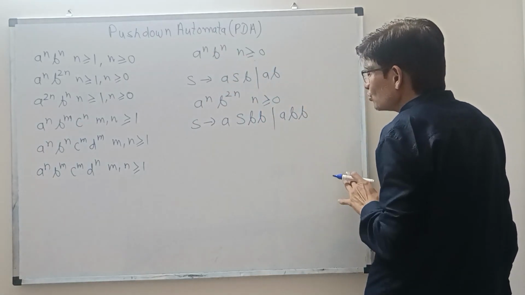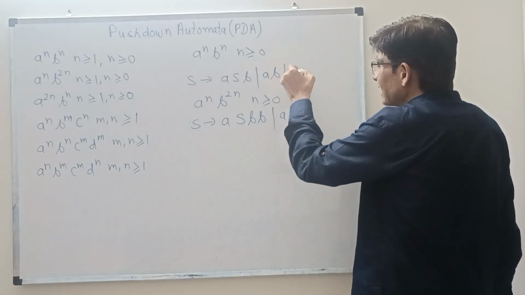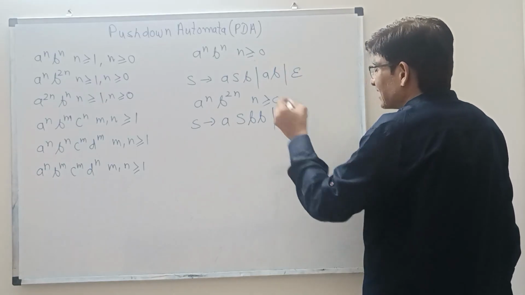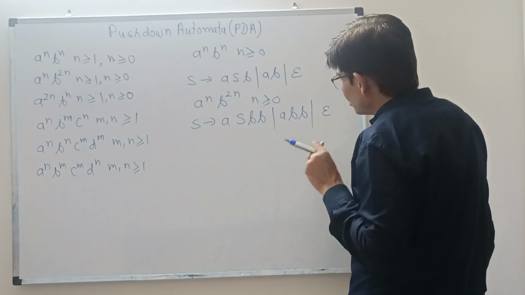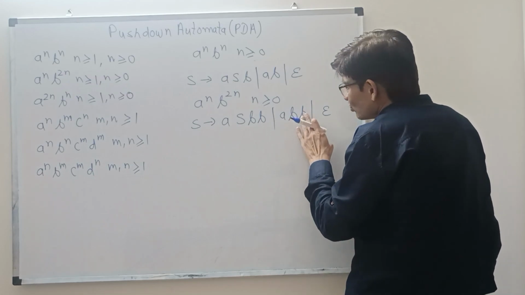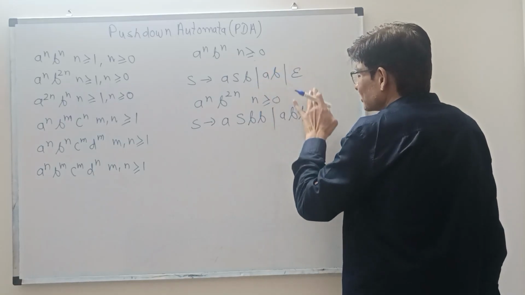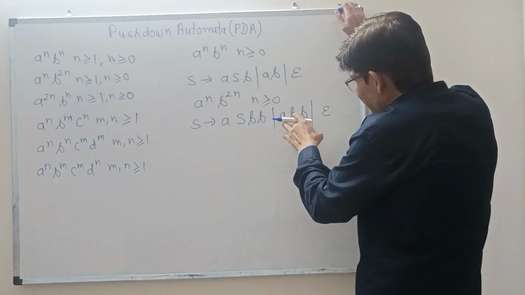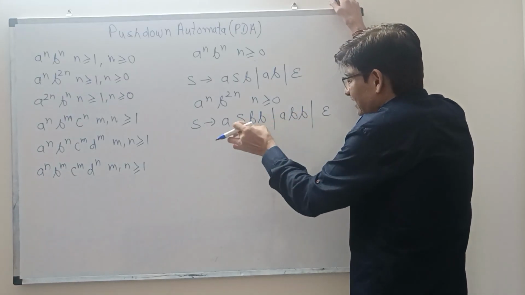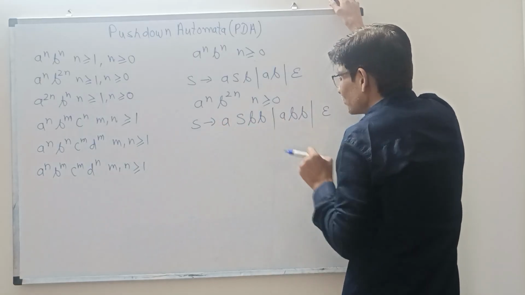So what change do you need to make here? Either you can add one more production here, S gives epsilon, and here also S gives epsilon, or you can remove this production and use only epsilon in its place, because this string can be generated by putting S as epsilon in this particular production.